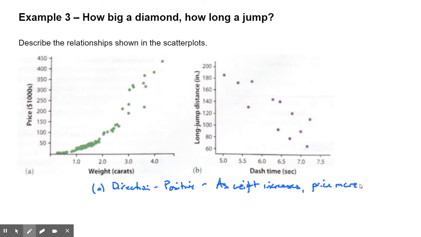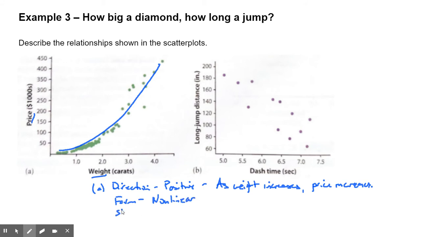Just something basic like that to describe the relationship, and just use the labels here and here. Next is the form. You can kind of draw a trend line or trend curve. I would suggest that this is the form. And if you look, that's not a straight line, that's a curve. So I would say this is a non-linear form.